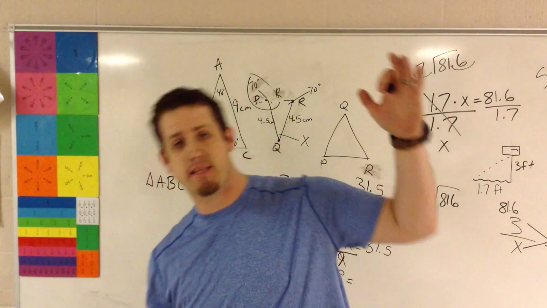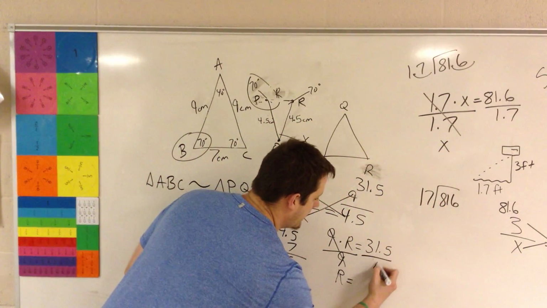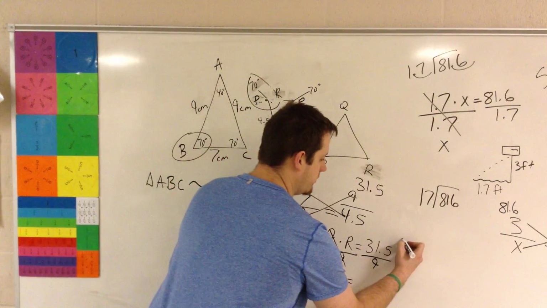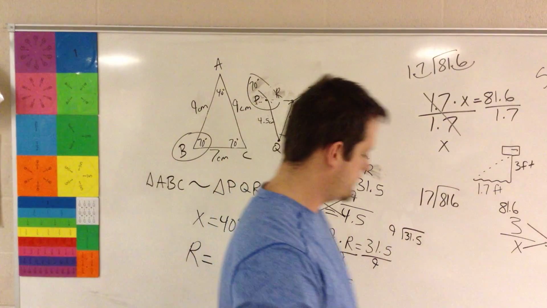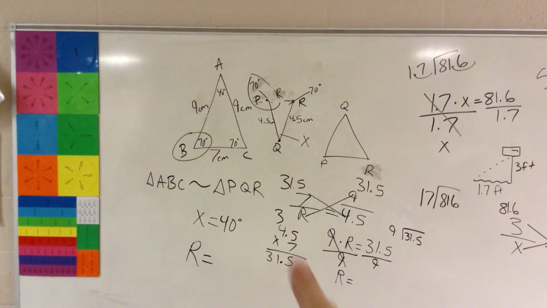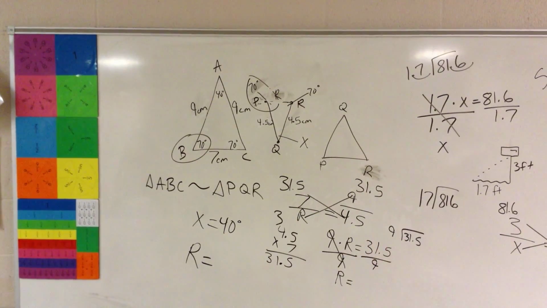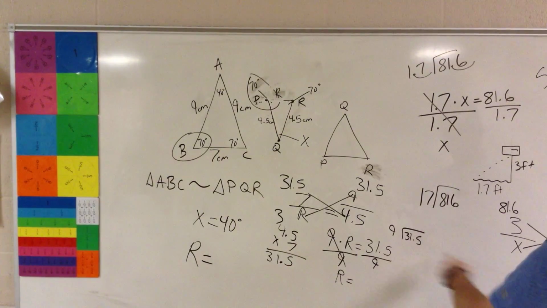Remember the whole balance thing we just talked about on the shadow question? You've got to divide by 9 over here, right? So you set up your little division problem. 9's on the outside, 31.5 is on the inside. Do I have to hop on that one? No, because that 9, ladies and gentlemen, is not a decimal. So I just go straight into division. What happens with this decimal right here?